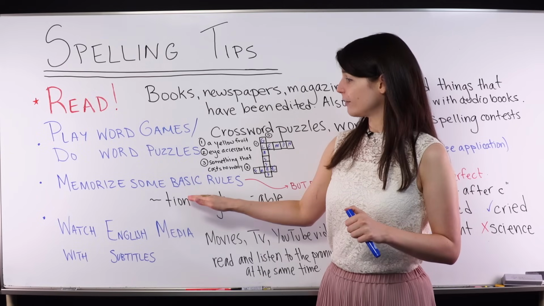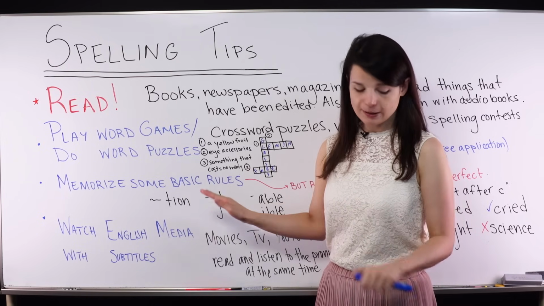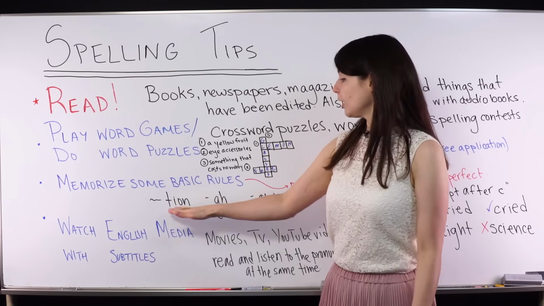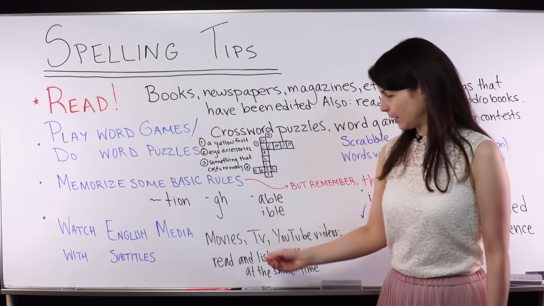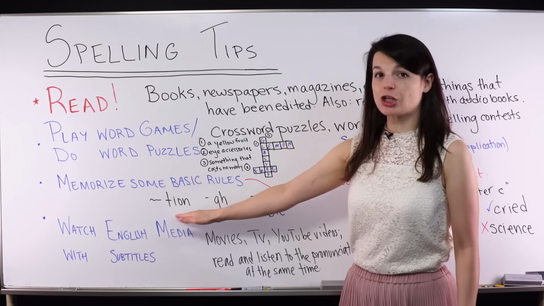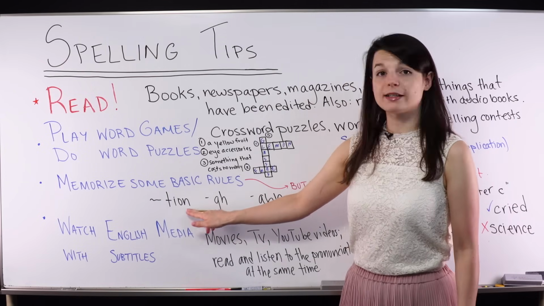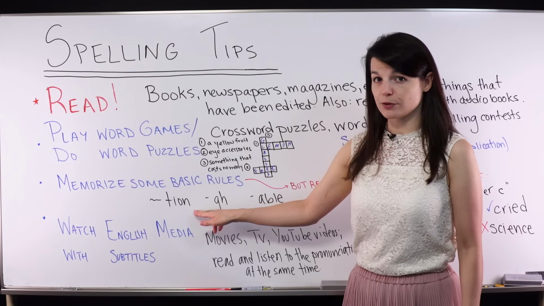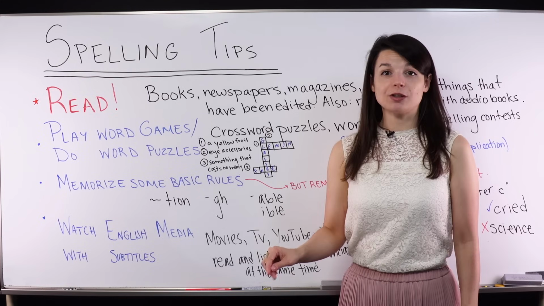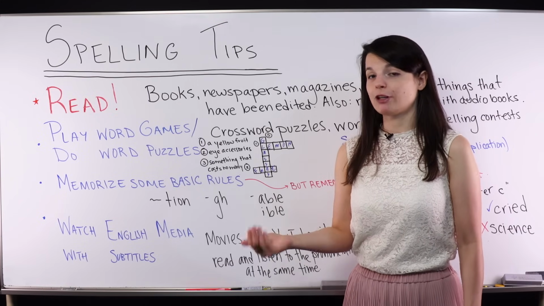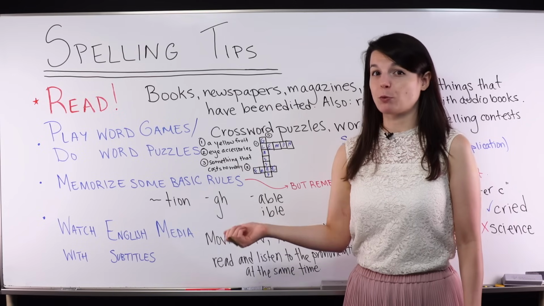Okay, let's move along to the next tip. The next tip I have here is to memorize some basic spelling rules. So I've included a few examples of just basic rules here. For example, words that end in a "shun" sound. We often use this T-I-O-N spelling to spell that sound, "shun." Another example is words that end in G-H, like enough or rough. So this is an example where the spelling is different from the way it sounds.